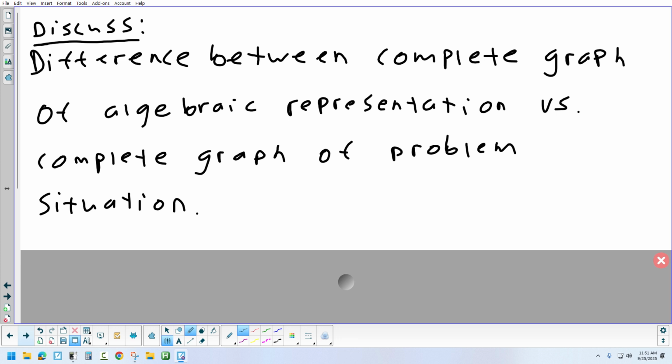So I kind of talked about this already. Remember, this problem is about money. So we can't lose money. Negative money doesn't make sense. And we can't invest money for a negative amount of time. So we shouldn't be looking at negative numbers on the x or the y-axis in this problem. That doesn't make sense.